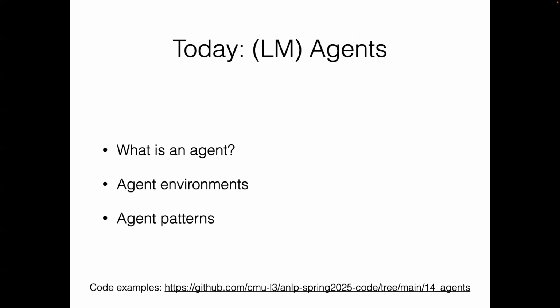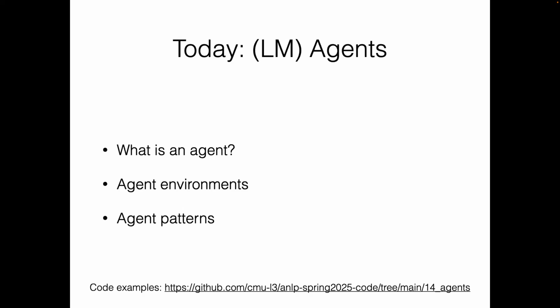So first, I'll go over what is an agent, at least one definition that's helpful for understanding. Then I'll go over some common agent environments, and these are going to be ones that involve language models or vision language models. Then I'll go over a few different patterns for building agents.